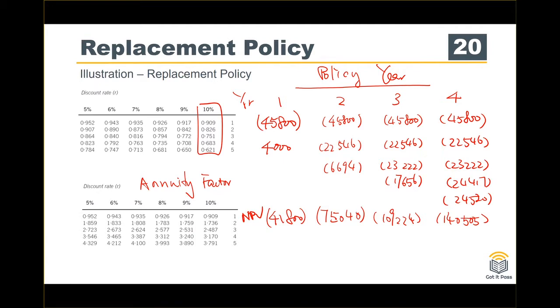So we have to divide the numbers by the annuity factor. If you check your formula sheet, you find different annuity factors for different years. So I just put them down here.